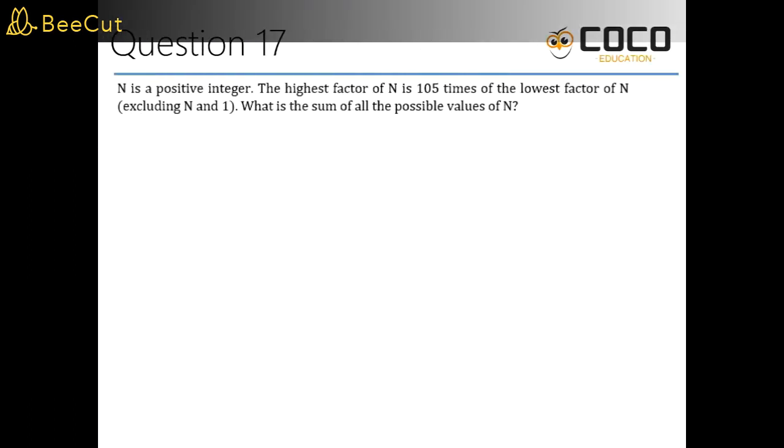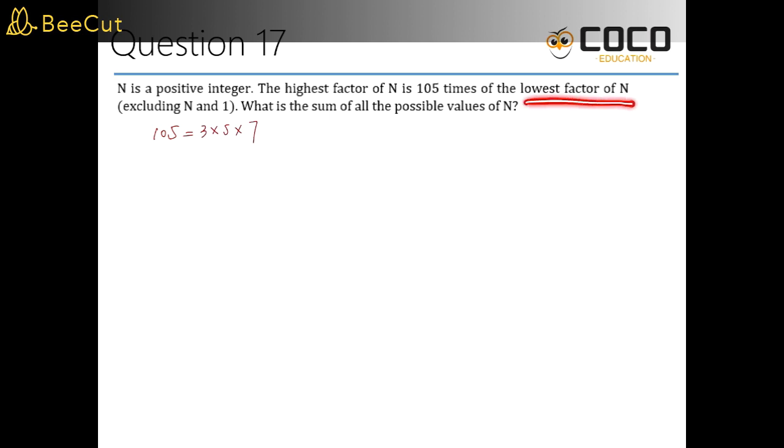Okay, question 17. So here it says that other than the factor 1, the highest factor of n is 105 times the lowest factor of n. First, we factorize 105. That equals 3 times 5 times 7.